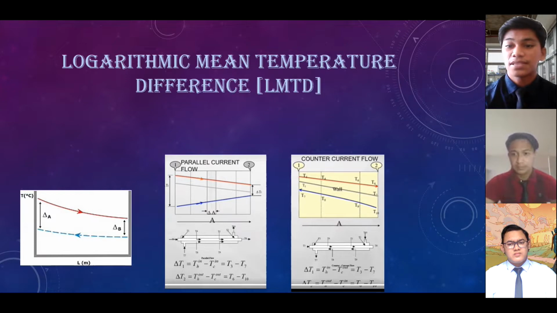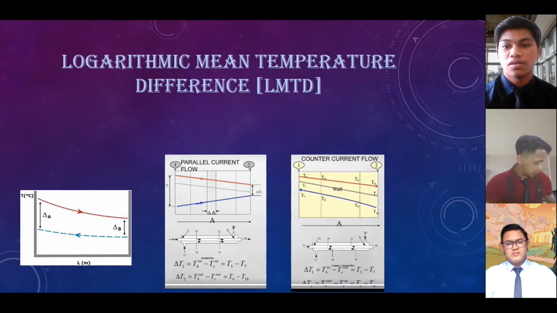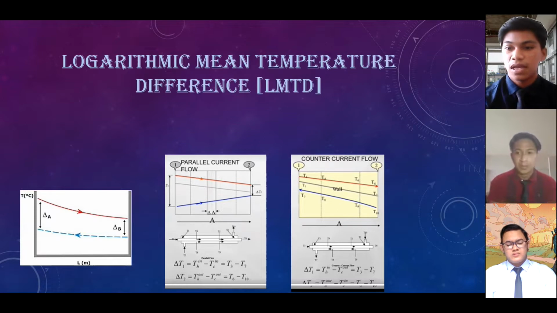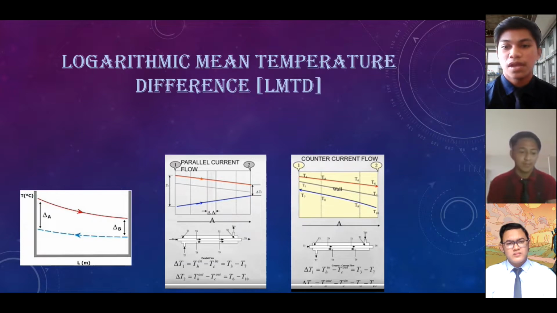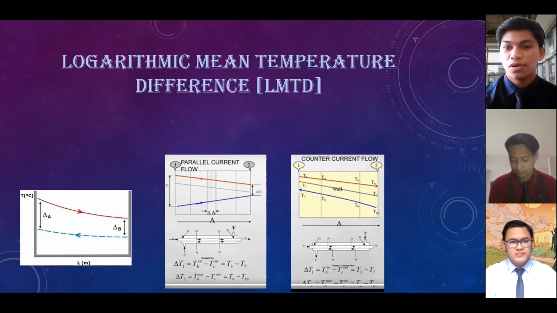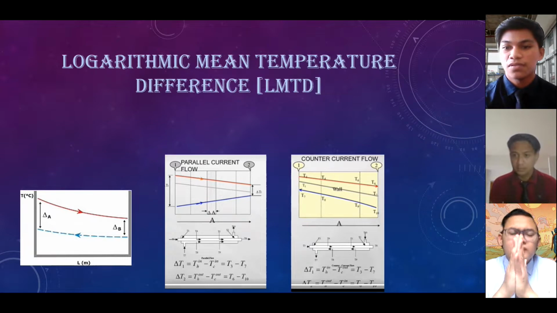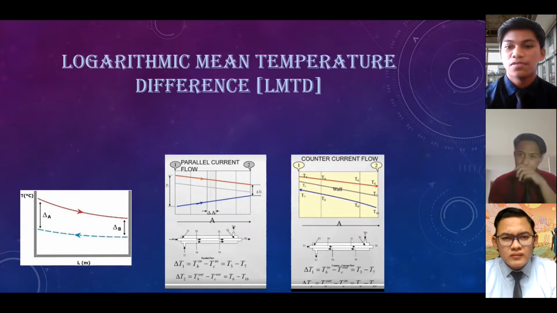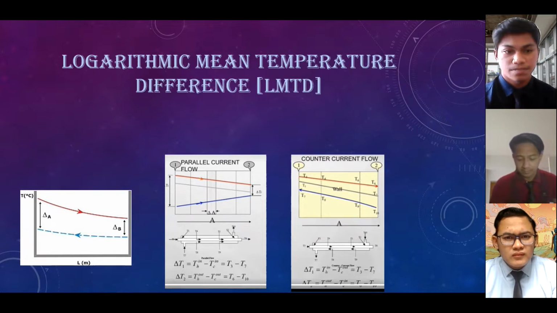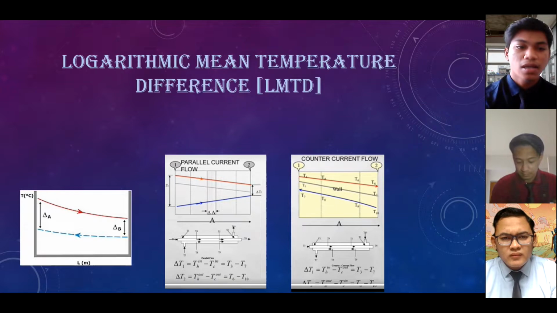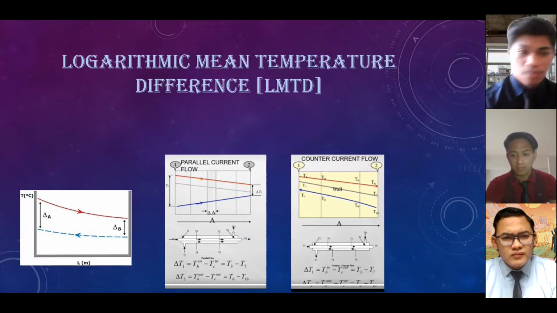For a given heat exchanger with constant area and heat transfer coefficient, the larger the LMTD, the more heat is transferred. The use of LMTD arises straightforwardly from the analysis of a heat exchanger with constant flow rate and fluid thermal properties.